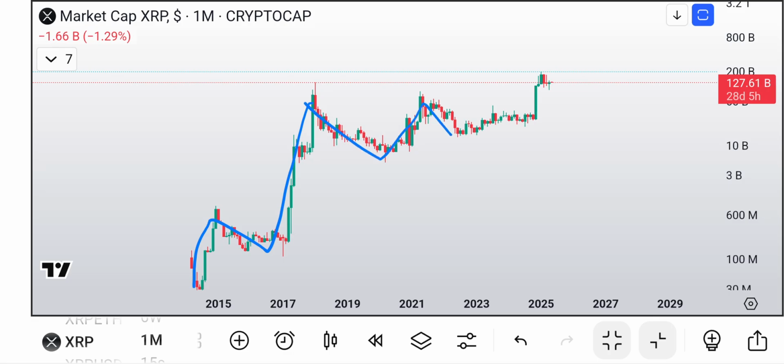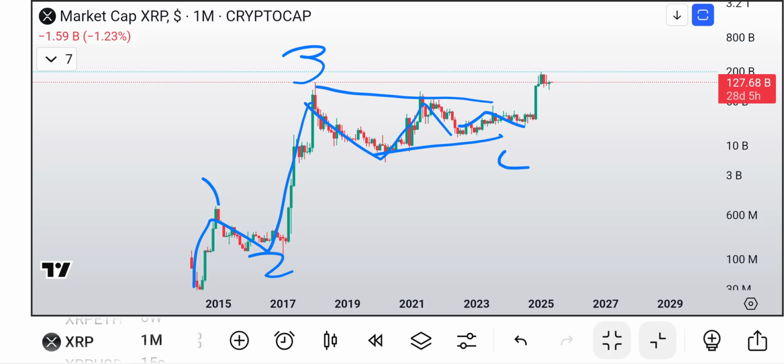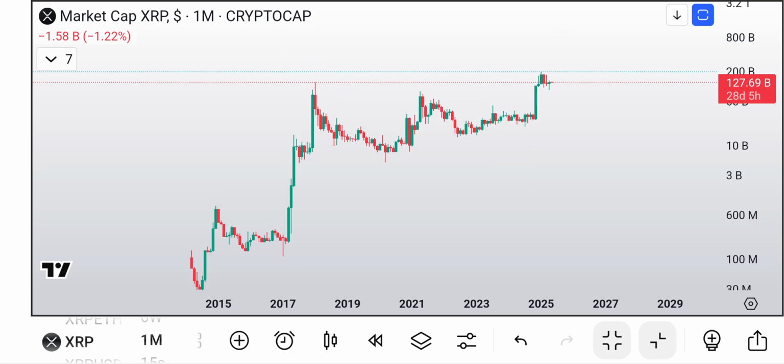So A, B, C, D, E. That's your triangle right there for a wave 4. So your wave 1, your wave 2, your wave 3, a wave 4 triangle, and now we're initiating that wave 5.